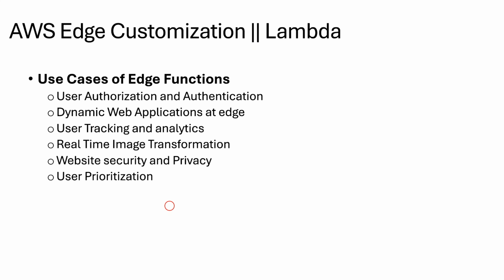For example, a user uploaded his profile pic which is 10 MB or 20 MB. You want to compress that image to 5 MB. You can do that at the edge itself and store it in the server. Also website security and privacy related customization, and user prioritization. Based on the user level or user priority, you can serve the information. So these kinds of edge customizations you can do by using the edge functions.